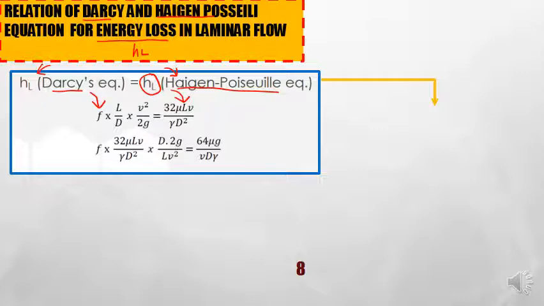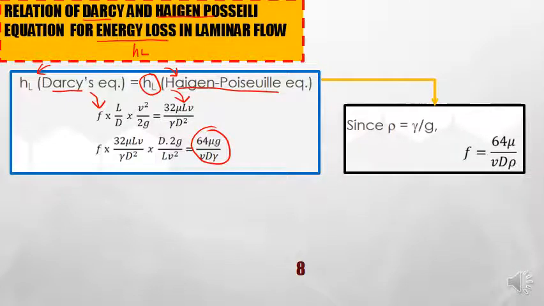So we equate these two equations, and then finally we will get this term. And we know that since rho equals gamma over g, the F here is actually equal to this term.